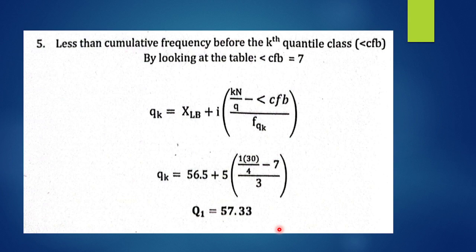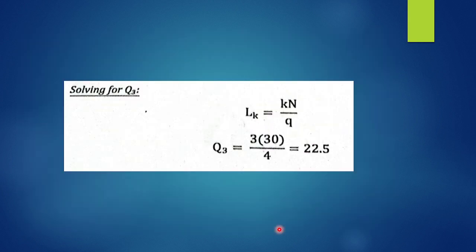Okay, now let's proceed to quartile 3. So solving for quartile 3, our first formula is LK is equal to KN over Q. Okay, so LK, guys, is what quartile that we're dealing with. So this is Q3, okay?